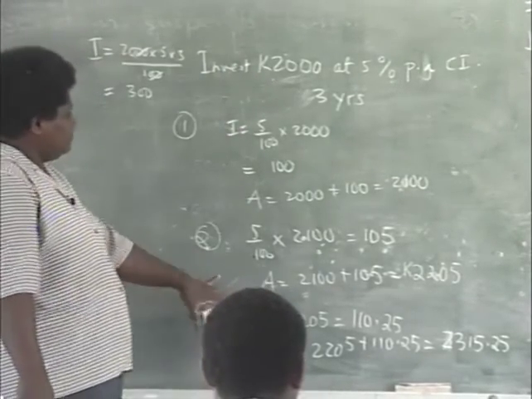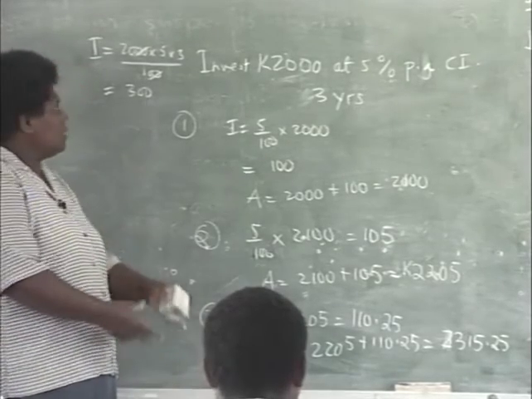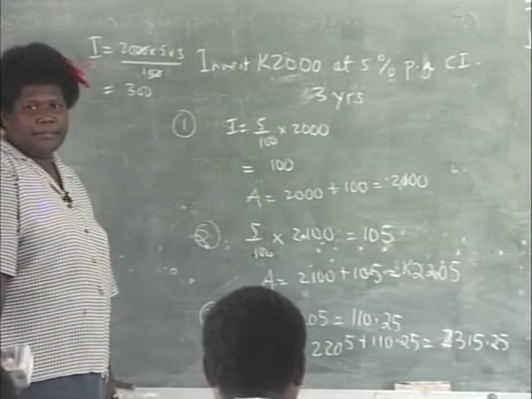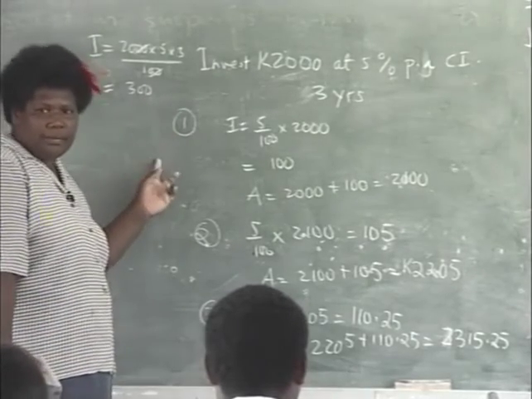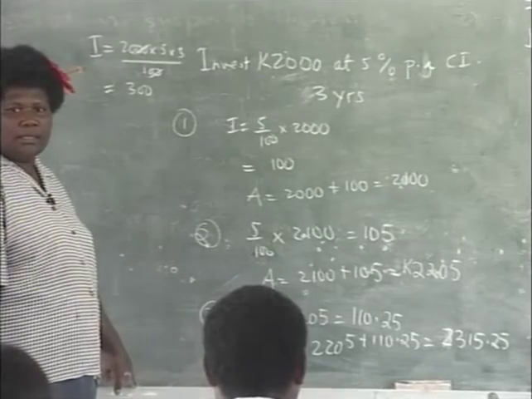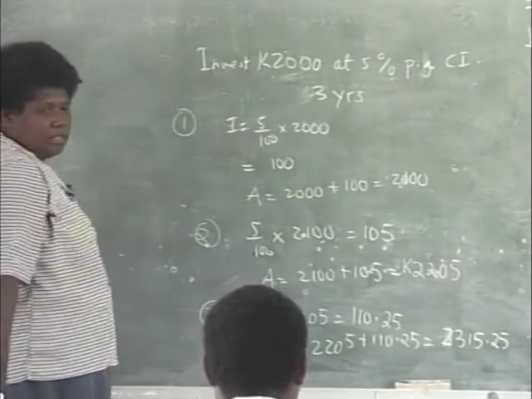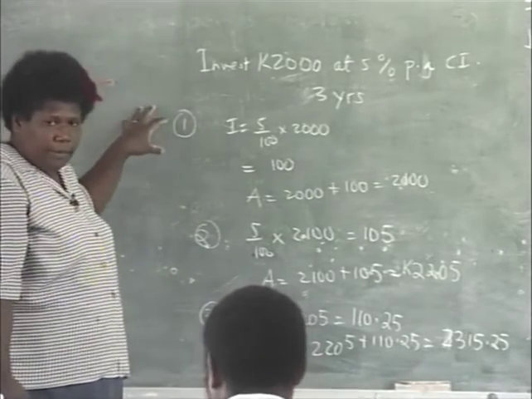If you invest it further, it will earn a lot more interest. Whereas this one, the interest is the same every year. It's 100 kina first year, 100 kina second year, 100 kina third year. That's why you end up with 300 kina interest. Okay. So that's the difference between simple interest and compound interest.